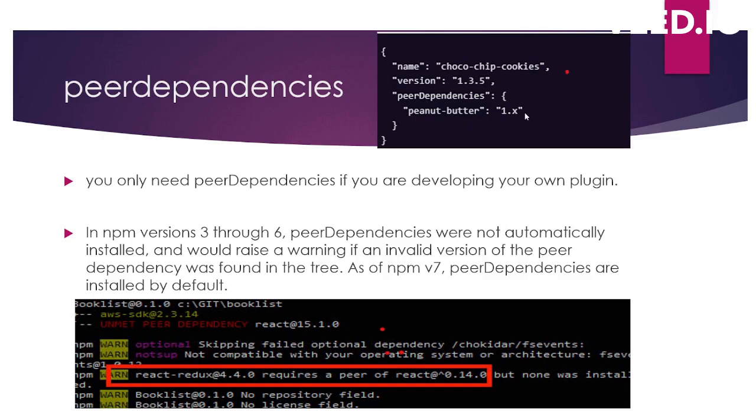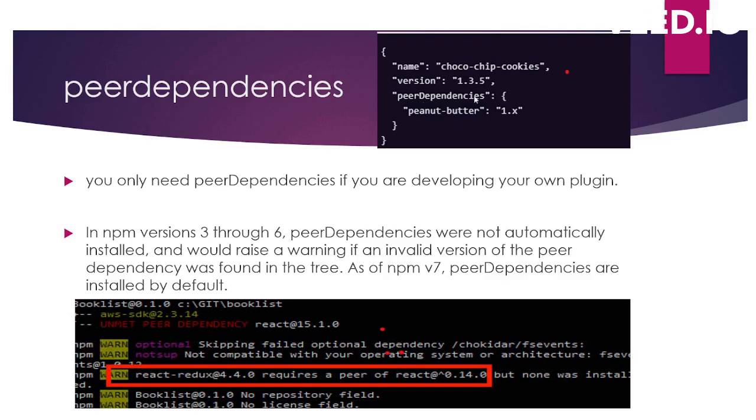So if you have Choco Chip Cookies in your package.json as dependencies, and you do not have peanut butter, you'll get a warning something like this, that Choco Chip Cookies requires a peer of peanut butter. So you need to keep peanut butter also in the package.json in dependencies if you're using Choco Chip Cookies.